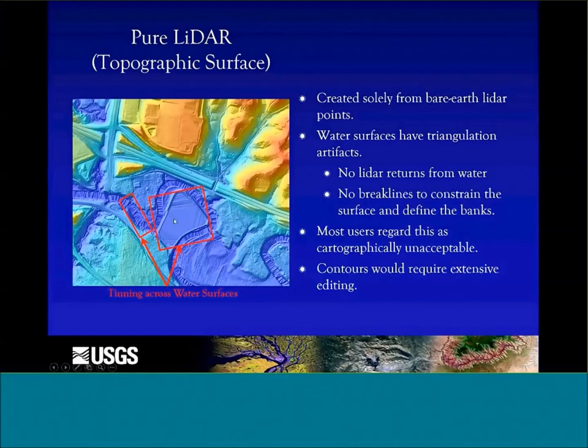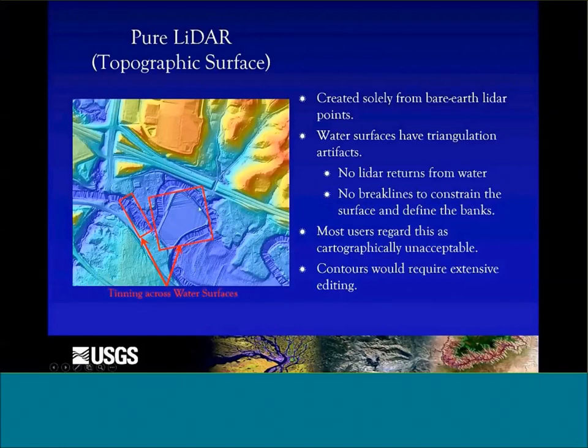But we will notice that we have some real serious tinning artifacts over all of the water surfaces. This occurs because there typically are no points in the water surface. The ones that do appear are geometrically unreliable. You don't really know if it's measured correctly or not, and there are a lot of reasons in physics as to why that is that I don't think we're going to need to go into today.